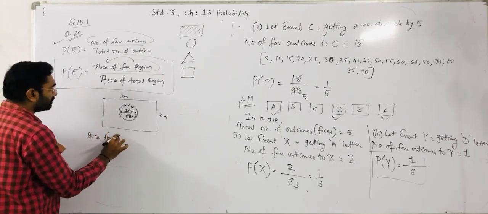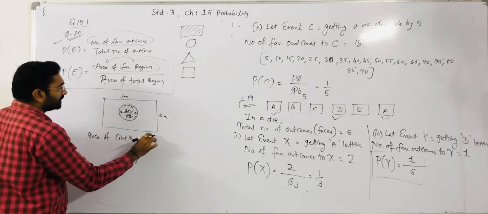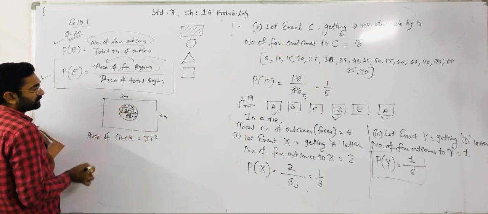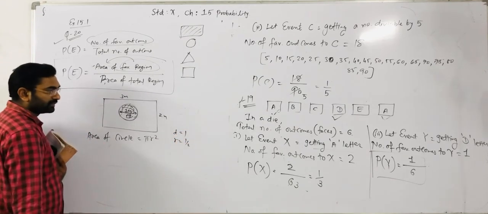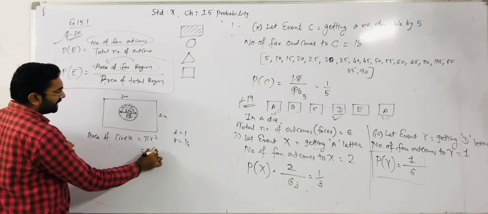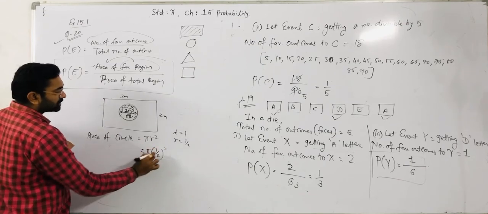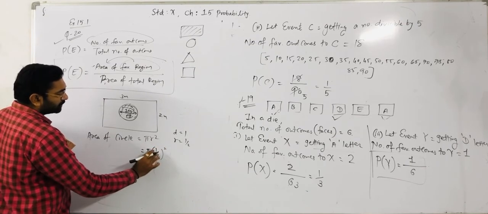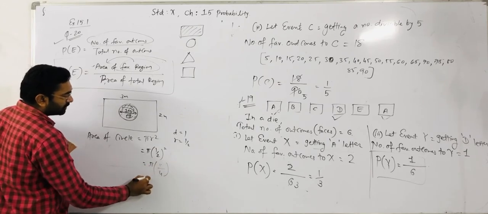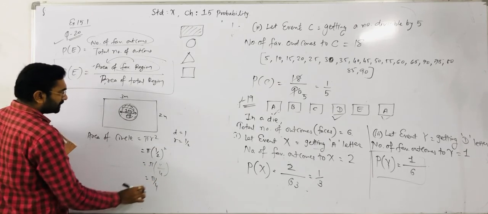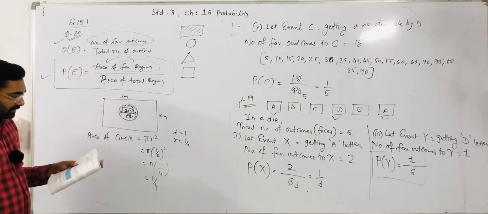Its equation is what? Pi r square. But here they give the diameter. So diameter is 1, so radius is 1 by 2. So we get pi into radius value 1 by 2, all squared. So pi into 1 square is 1, divided by 2 square is 4. So pi into 1 is pi by 4. That is in unit square.